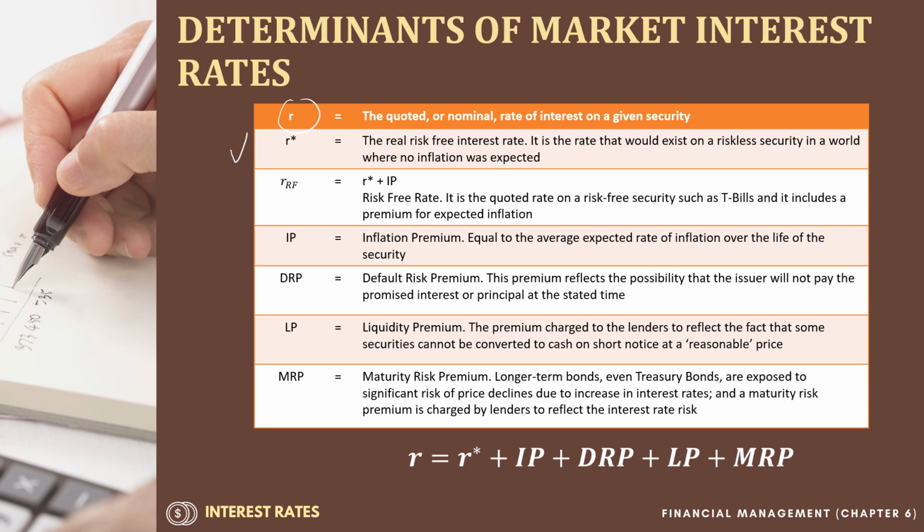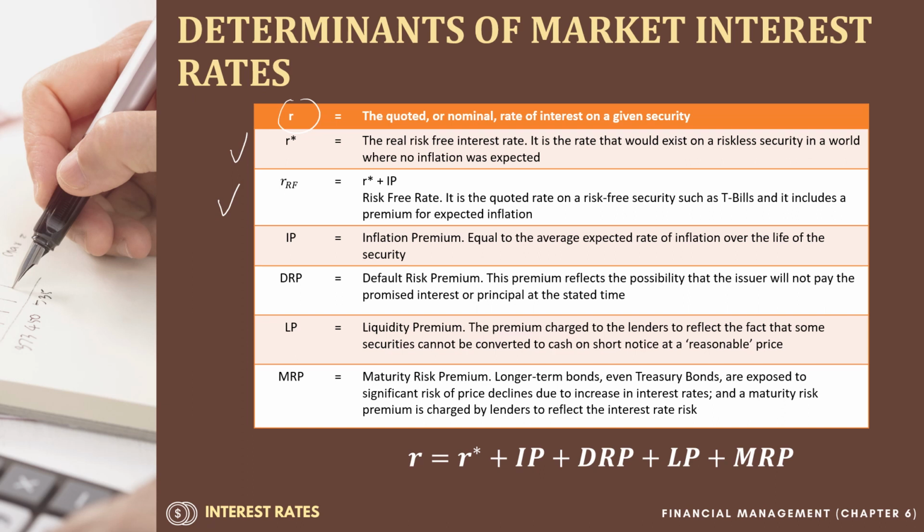Now here, this is the risk-free rate. This is the quoted rate on a risk-free security such as T-bills or treasury bills, and then it includes a premium for expected inflation. So unlike the real risk-free rate interest rate, the risk-free rate has an inflation premium added up to this rate.